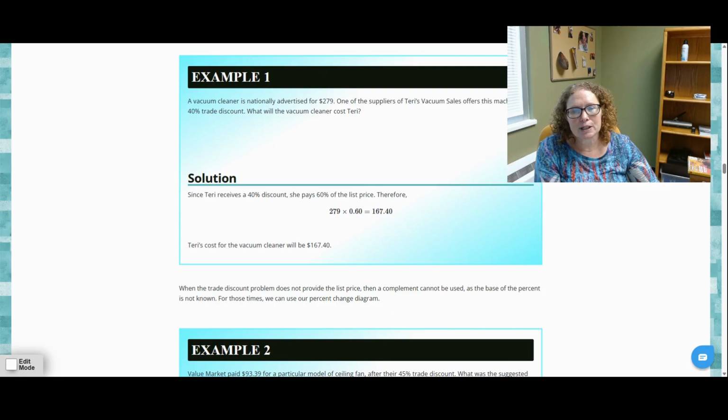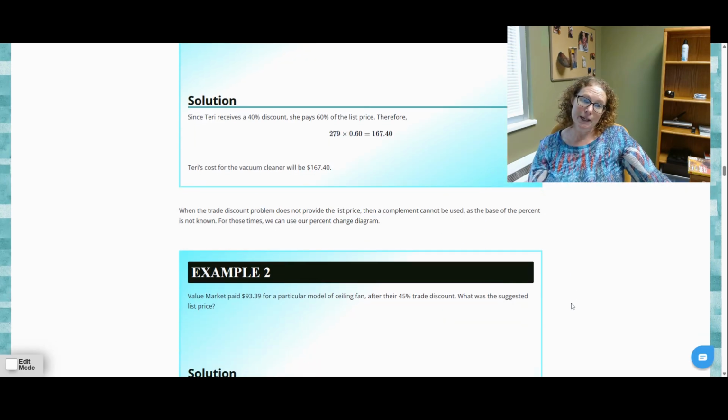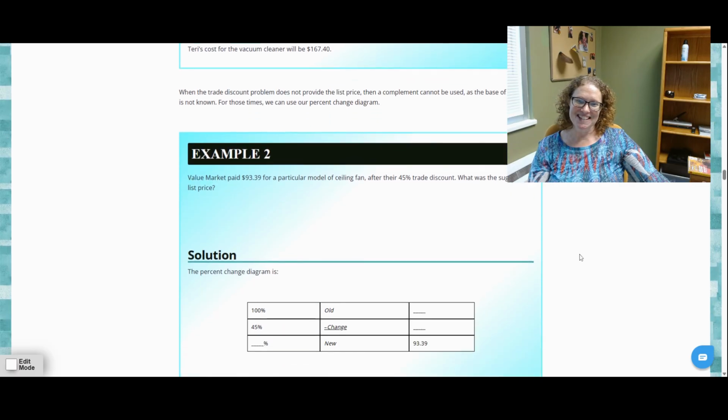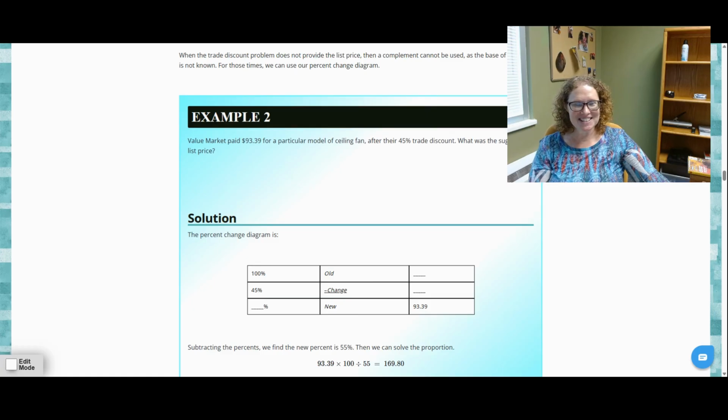If the list price is not included, then the complement can't be used like we did in this one. We need to look at our percent change diagram. Remember that? We saw this before in an earlier chapter. Value Market paid $93.39 for a particular model of ceiling fan. After their 45% trade discount, what was the suggested list price?